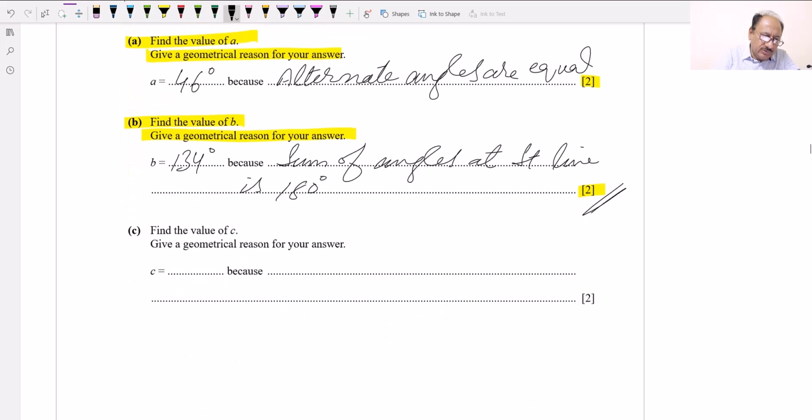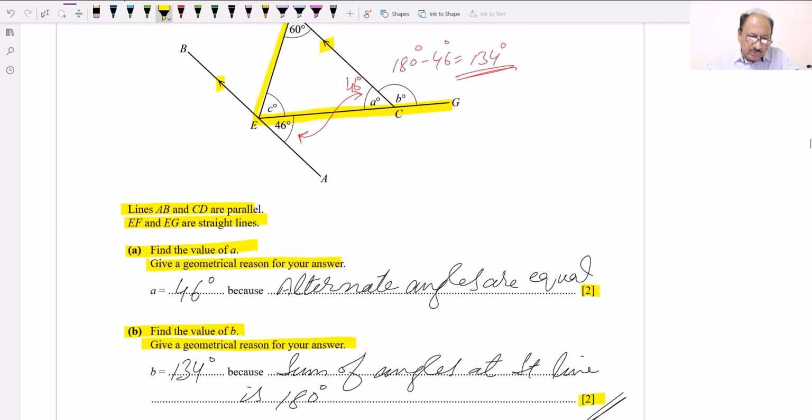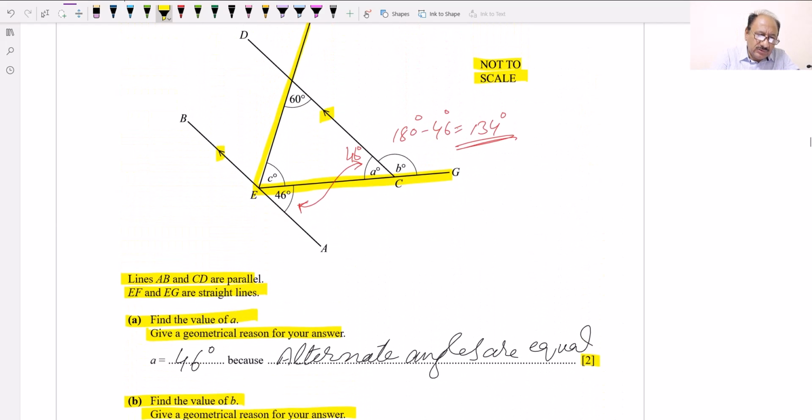Now C part is also there. Angle properties, basically they are asking for. Find the value of C, and we have to give the geometrical reason. So C is this one.